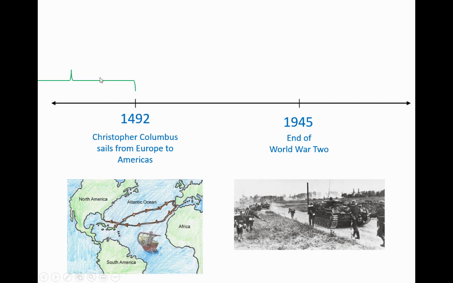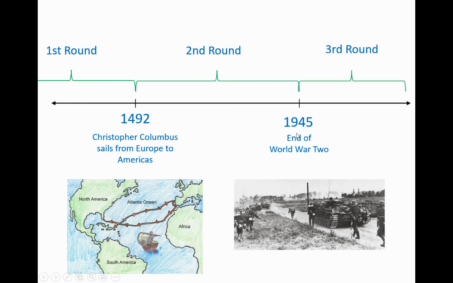Okay, so all the years before 1492, you can mark that down as being the first round of globalization. And then you can label the second round of globalization being between 1492 and 1945. And then finally, mark down the third round of globalization as being this most recent round. Okay, and you can label the second round as being historical globalization. All right, there you go.